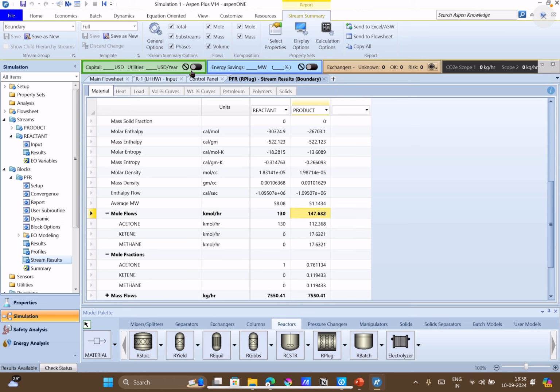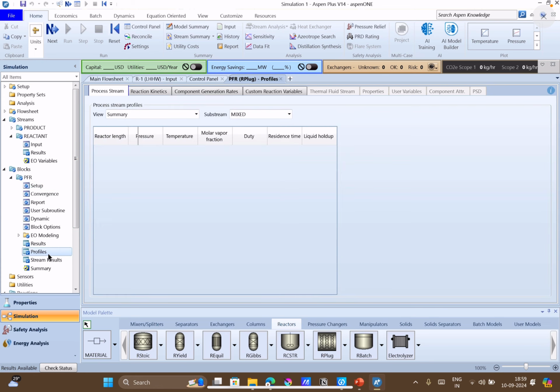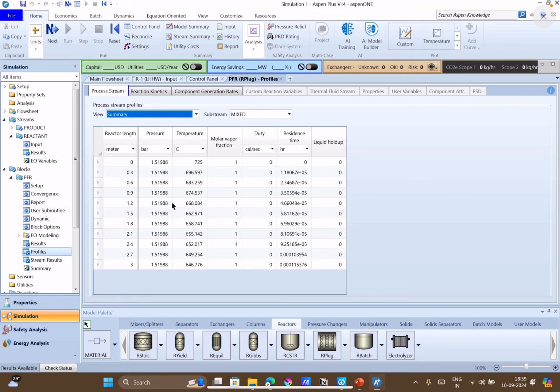So if I want to see how acetone conversion is happening with the length of the PFR, for that we can do a sensitivity analysis. First, here in the profile section, let's visualize what result we have.